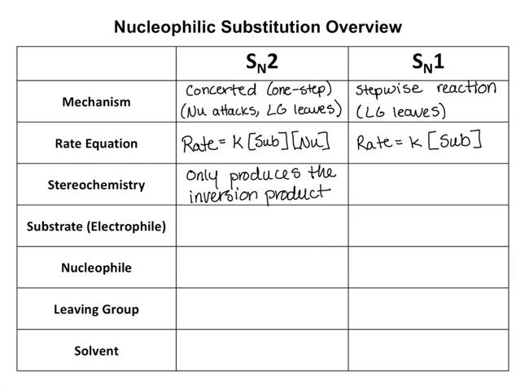But for an SN1 reaction, we're going to end up with both a retention product and an inversion product, but there's some preference for the inversion product. Let's see, we'll write preference for inversion.